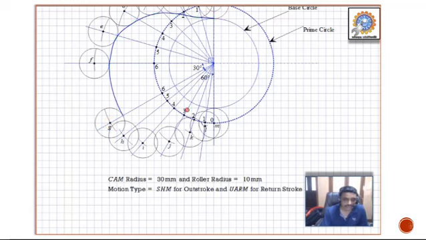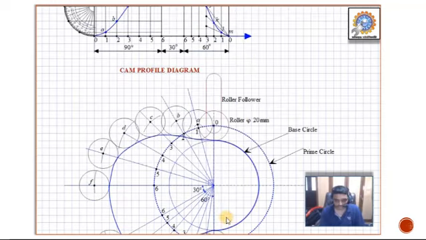Then again start connecting all these points. Then back to the M circle. Okay, you can see now the completed cam profile. The base circle indicates the cam profile diagram, and you can also see the roller follower, how it is following. It is for a clockwise rotation cam, and similarly for an offset profile we need to draw a similar sketch.